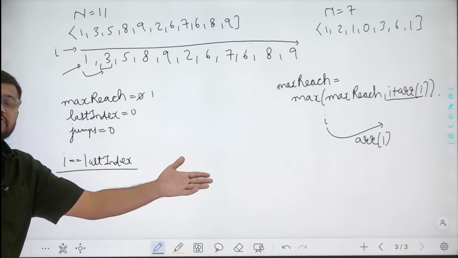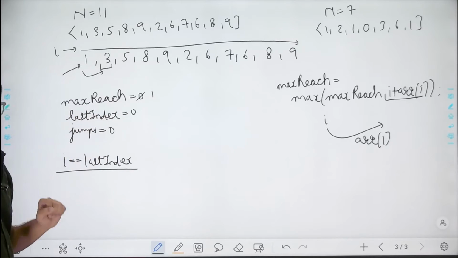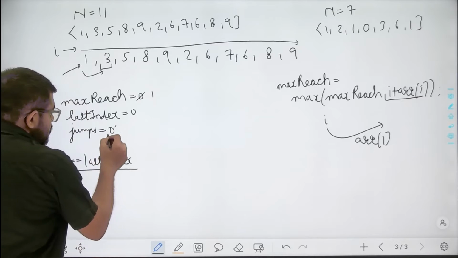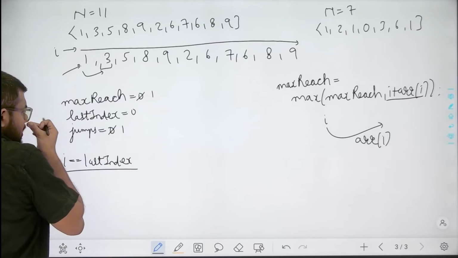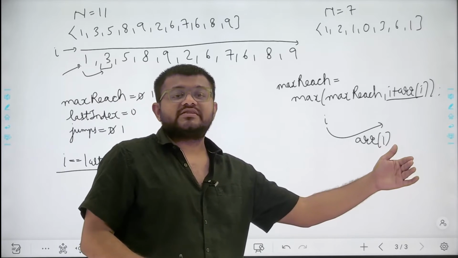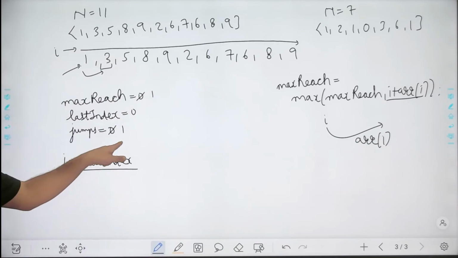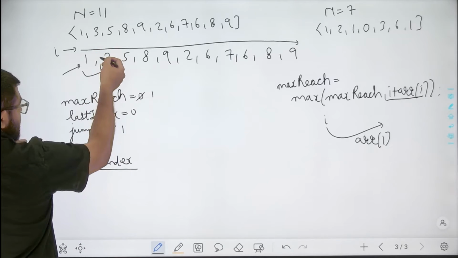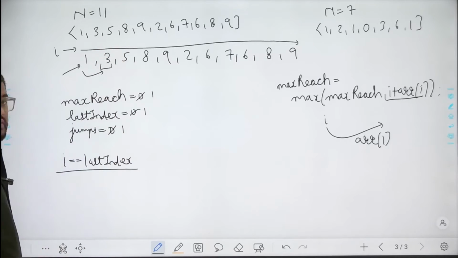The last index which I can access with 0 jumps is 0, and currently my I equals 0. It means it's time to make a jump. So when you make a jump, you'll increment this count, and your last index will be the last index accessible after making one jump. So after making one jump, what is the last index accessible? 1. So this will become 1.